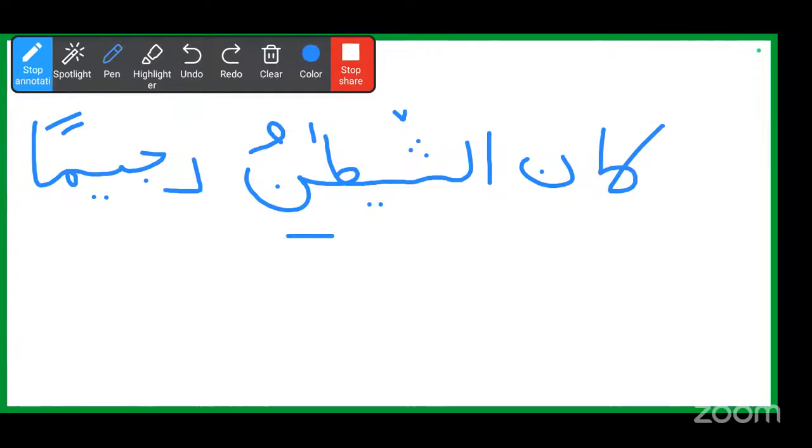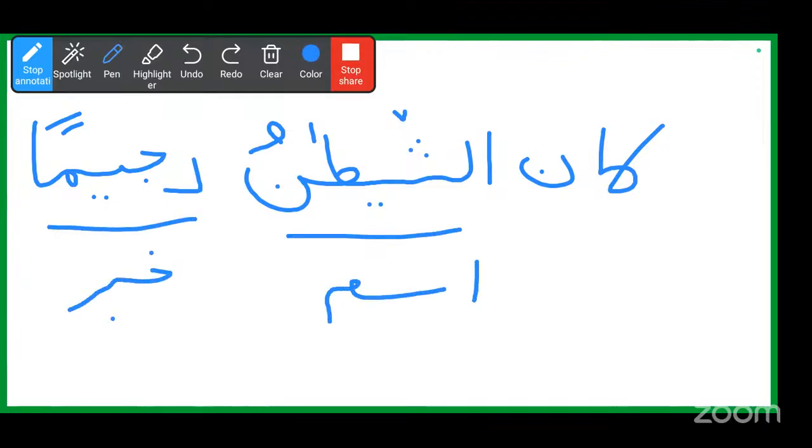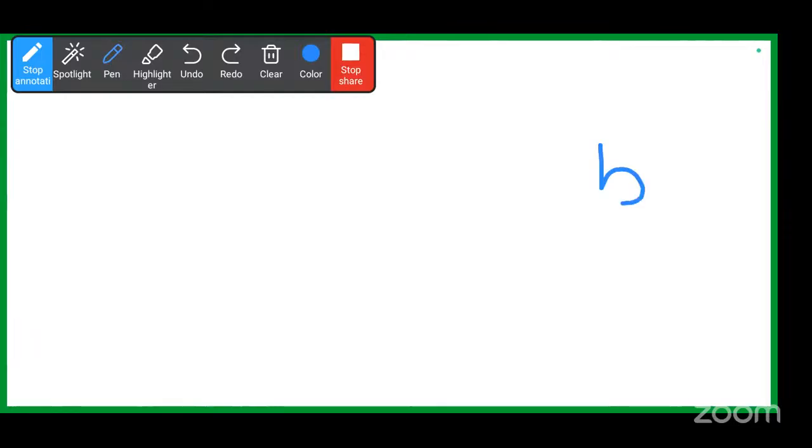So here this is ismu kana and this is khabaru kana. Does ismu kana have to have alif lam? No, not necessary. Shaitan can be without alif lam, like kana shaitanun rajiman.